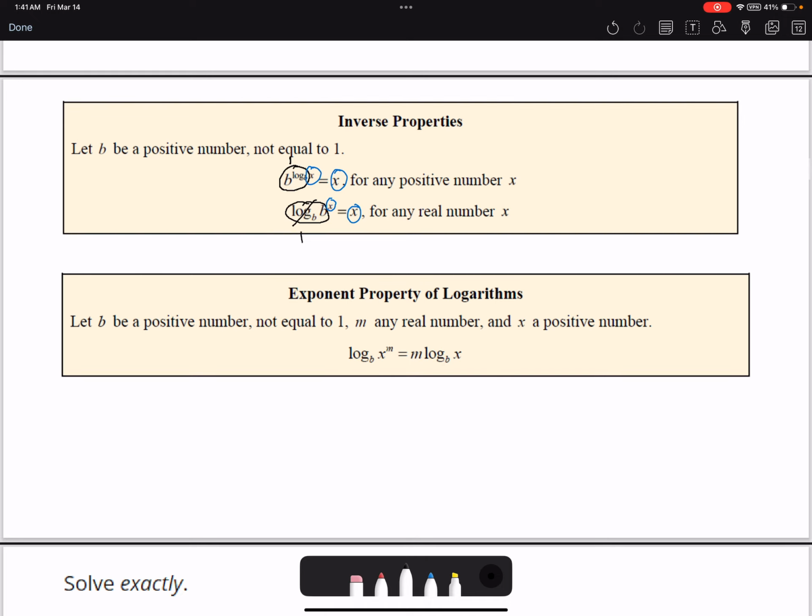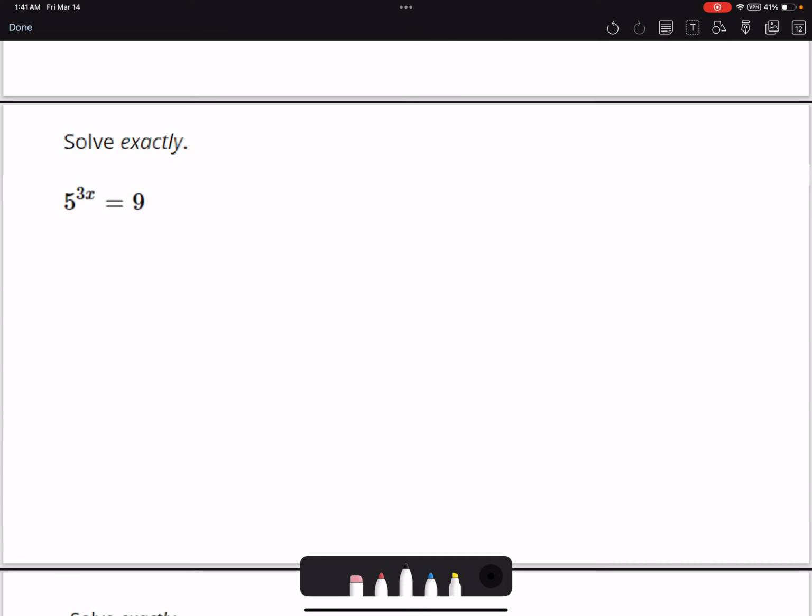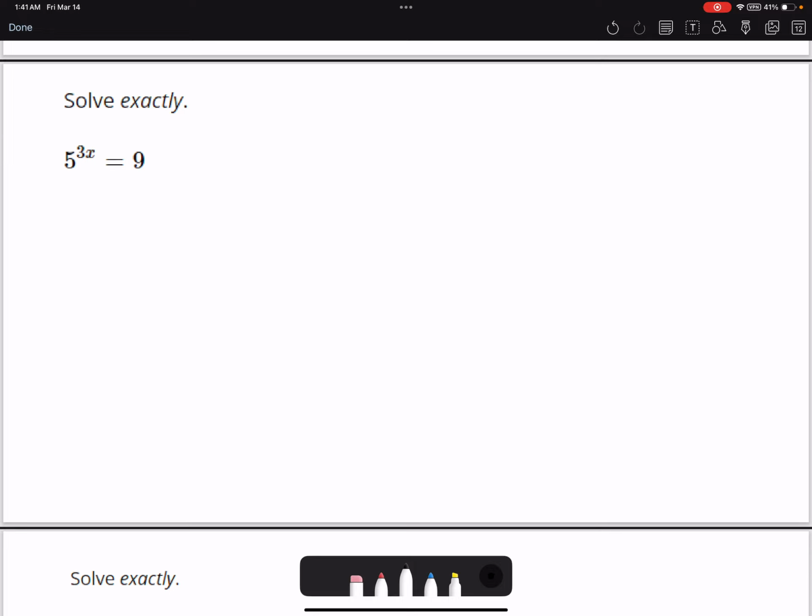The next one is the exponent property. If you have log base b of x to the m, the exponent comes down in front. We're going to solve this using those properties.